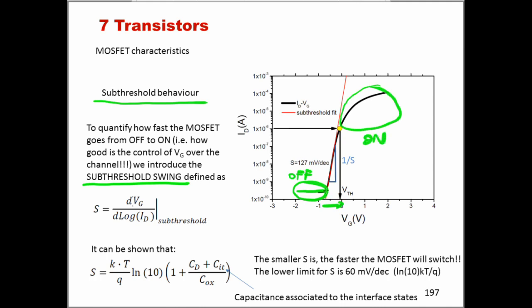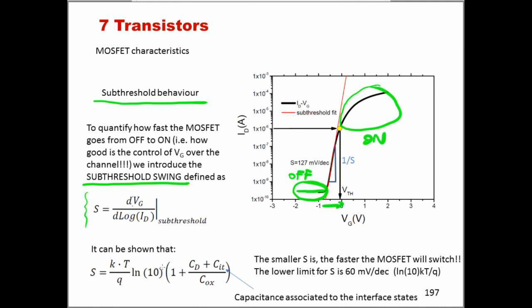How fast we move from this region to this region is quantified by the subthreshold swing. The way to quantify it is through this formula: by calculating, on this log-linear plot, the slope that I've indicated here. In practical terms, this is dVg over d log Id in the subthreshold region.